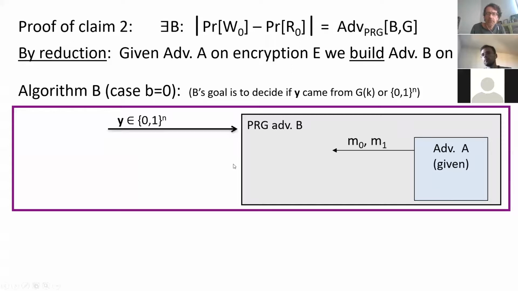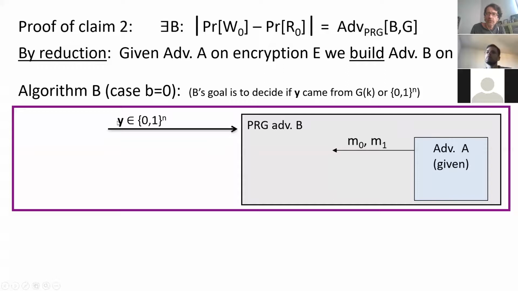And how are we going to do this? Well, look, the attacker on encryption, syntactically, decides what these two strings are, right? That's the first move. And then what he needs to have is an encryption. But what we are assuming at this step is that he sees the difference between a real encryption of M0 and a one-time pad encryption of M0.